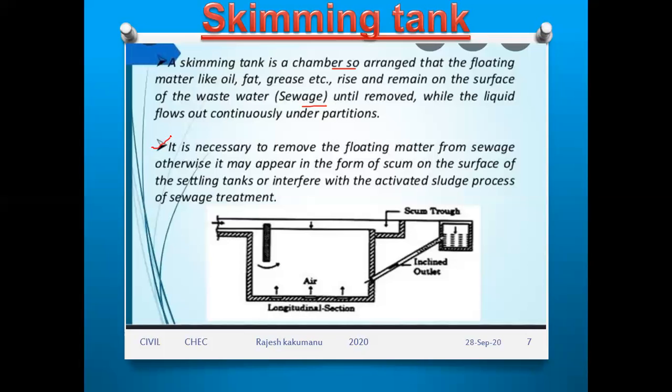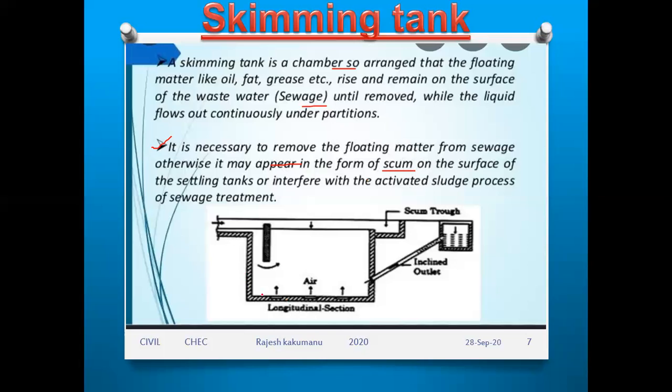Next point. It is necessary to remove the floating matter from the sewage. Otherwise, it appears in the form of scum on the surface of the settling tank. The solid waste matter on the top surface of the water is nothing but scum.